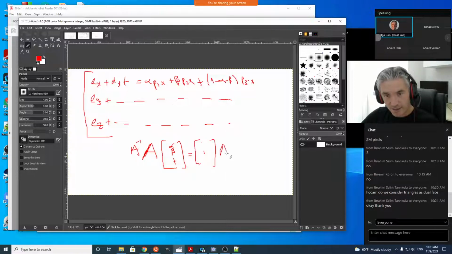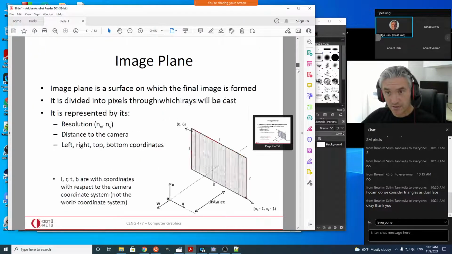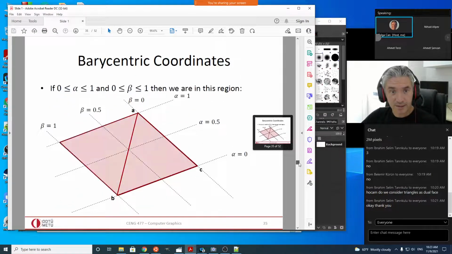If you multiply these coefficients with the inverse of that 3x3 matrix, it will give you alpha, beta, and t. So this is from linear algebra, how you can solve a linear system of equations. But it's given directly on our slides. Let's take a look at that.